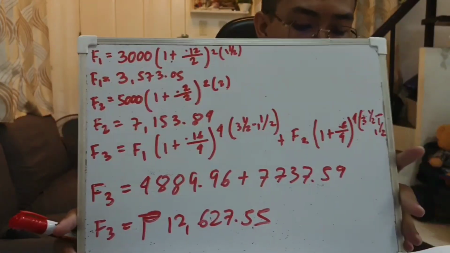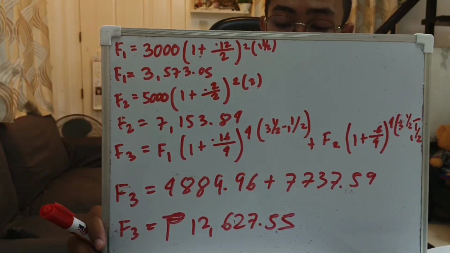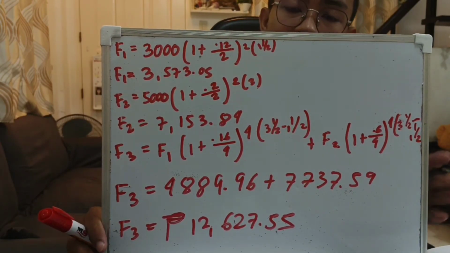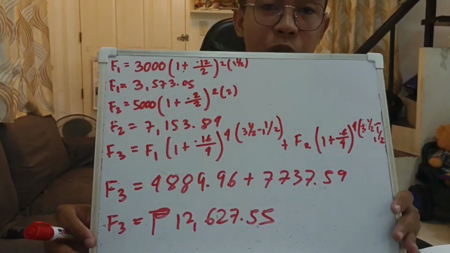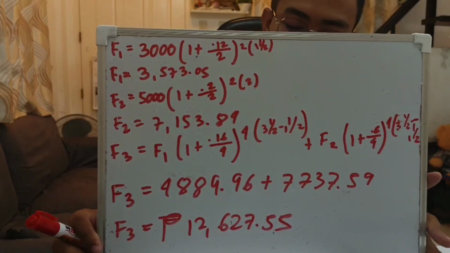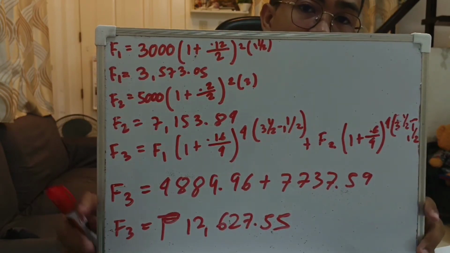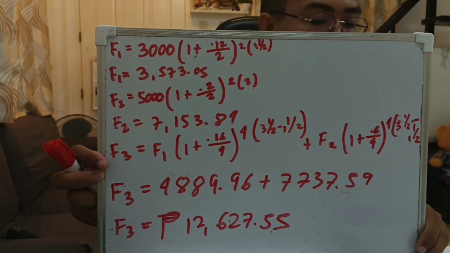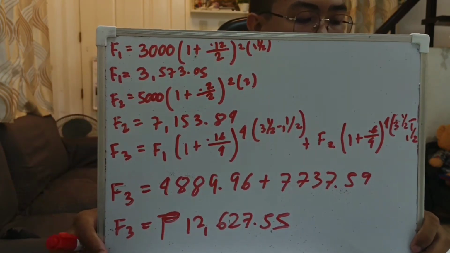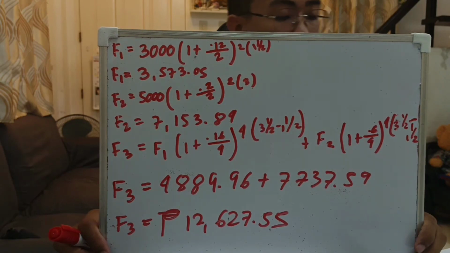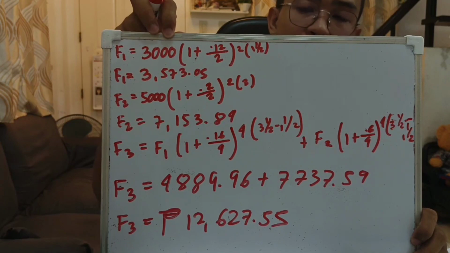So we have three principals on here, three interest rates and three frequencies of interest. So the formula would be F3 is equal to F1 plus F2, and you will be arriving at the F3 which we are looking for. So we have the given. P1 is 3,000, N1 is 1.5 years, then P2 is 5,000, N2 is 3, and I1 is 12%, so 0.12.